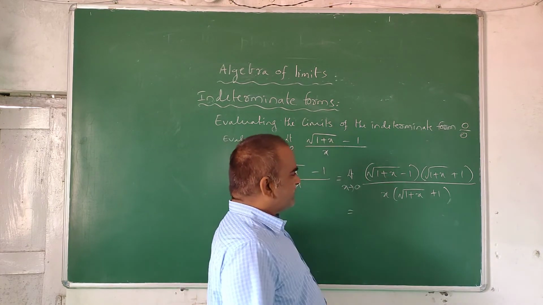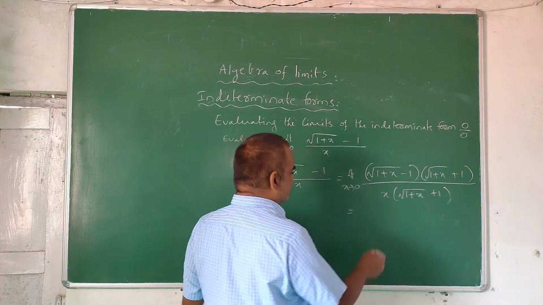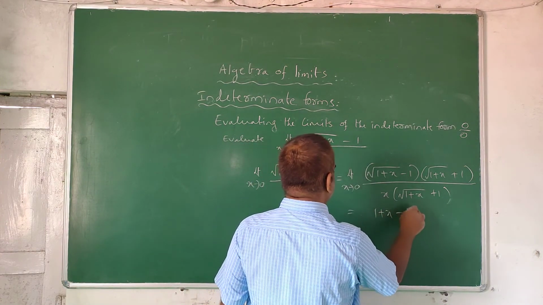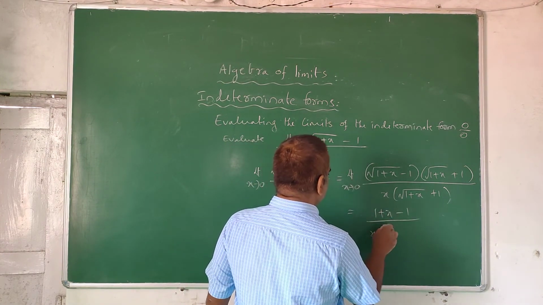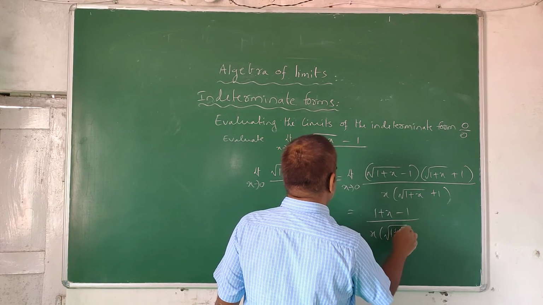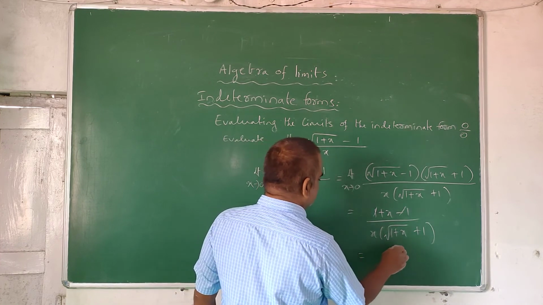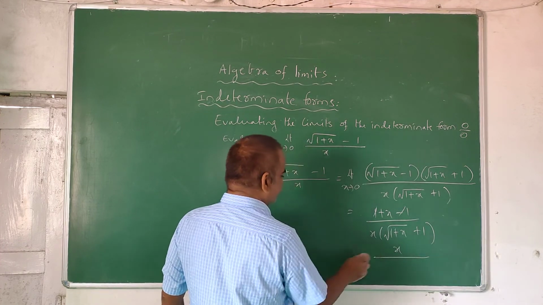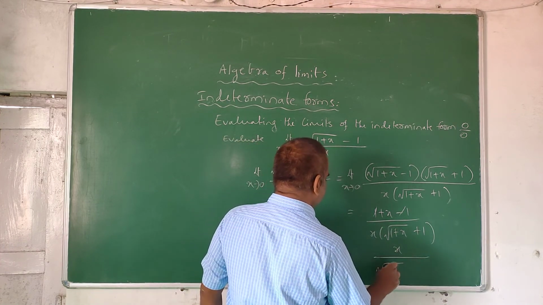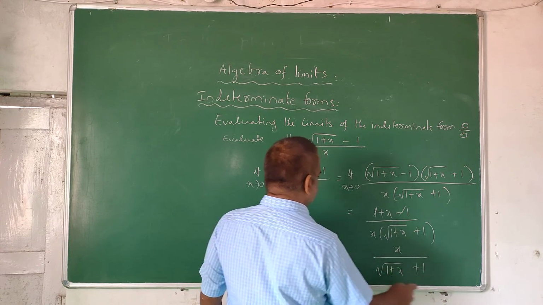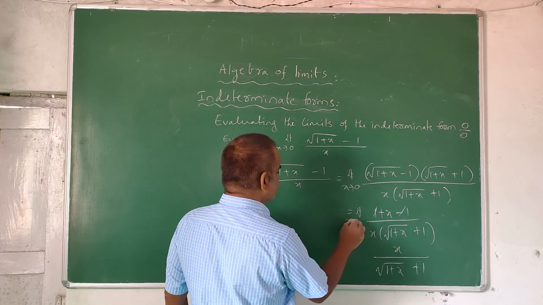So a minus b into a plus b is a square minus b square, so 1 plus x minus 1 by x into root 1 plus x plus 1. Now the minus 1 and plus 1 get cancelled, leaving x by x into root 1 plus x plus 1, limit x tends to 0.